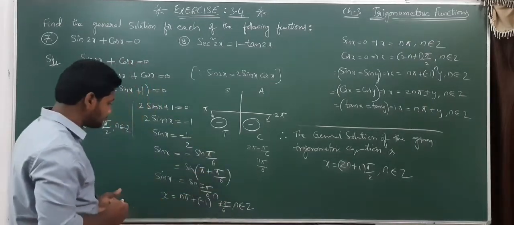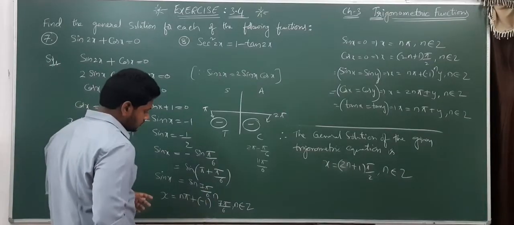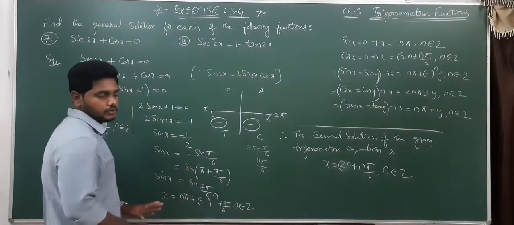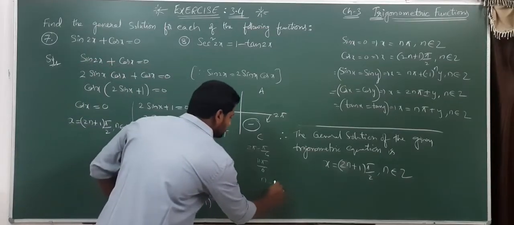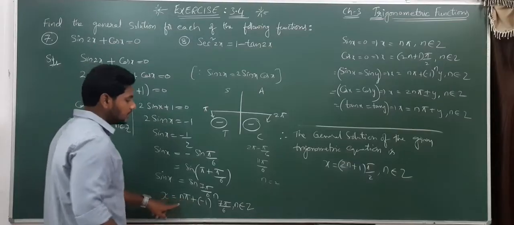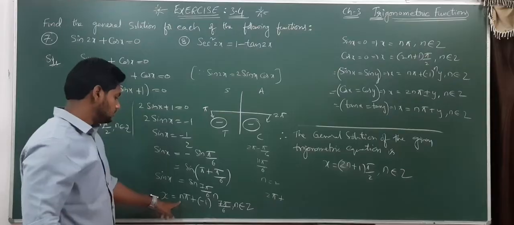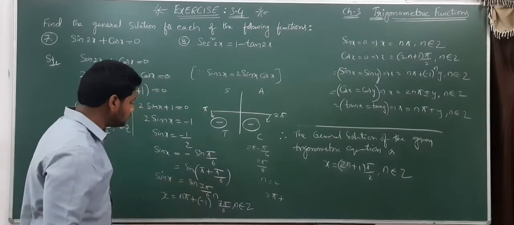For example, if you take n equal to 2, yes, n equal to 2 you take, then n pi will become 2 pi plus, or sorry, here n equal to 2 you won't get.